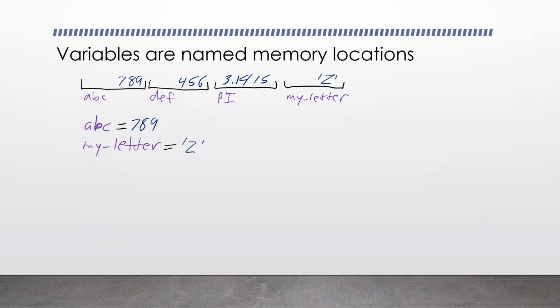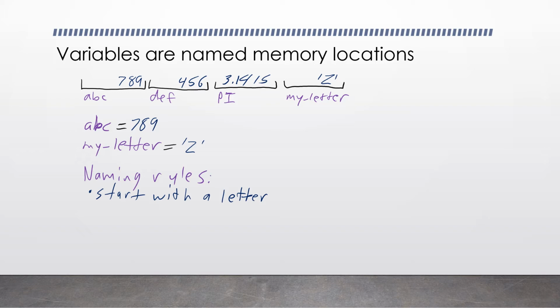There are some rules for these names. They have to start with a letter. So you can't have the name 123 as a variable name.